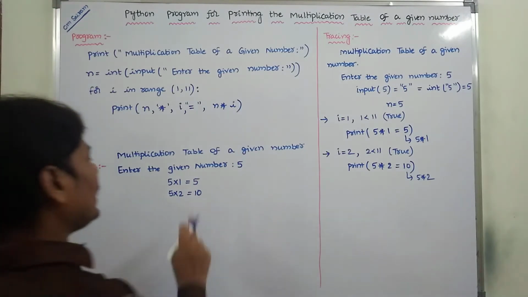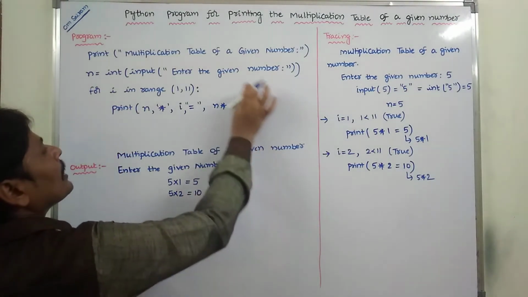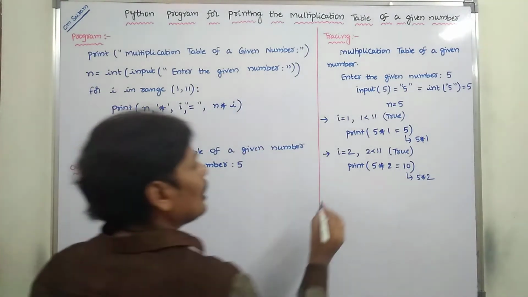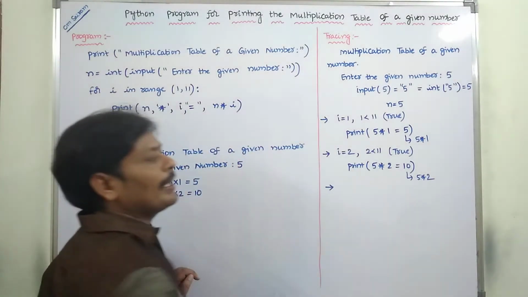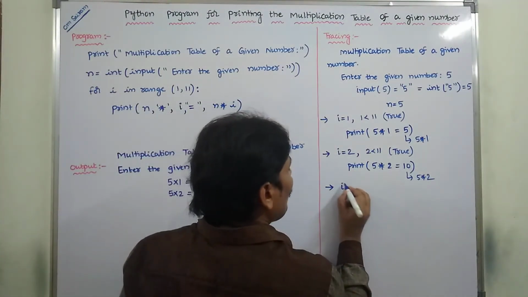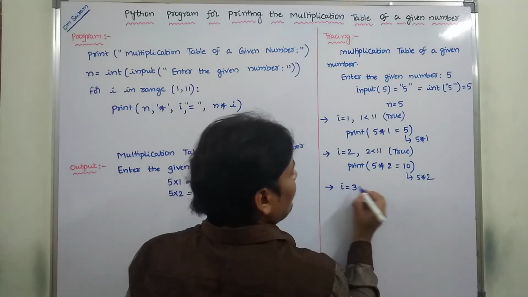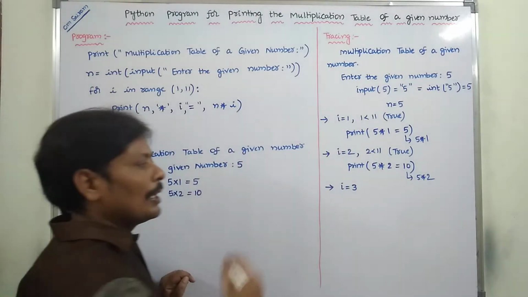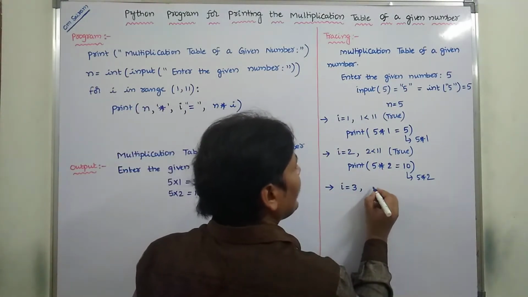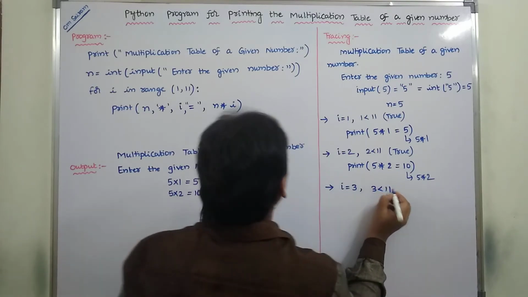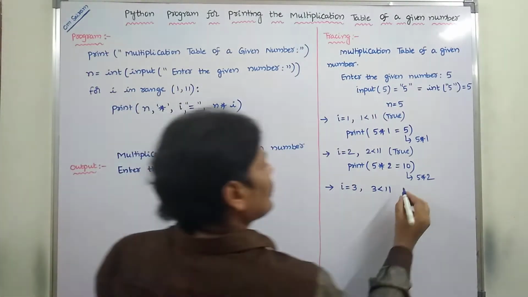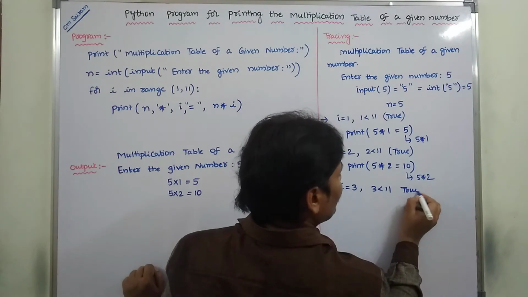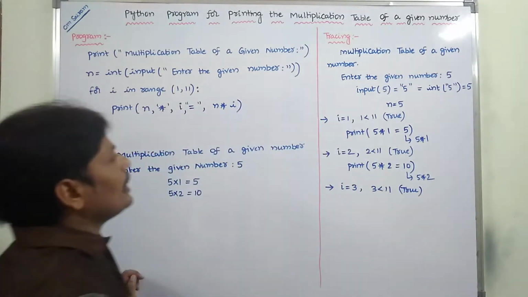After printing, control again goes to the for loop. Now the I value is incremented by 1, so I is equal to 3. Previously I was 2, incremented by 1 gives 3. 3 less than 11, the condition is true.